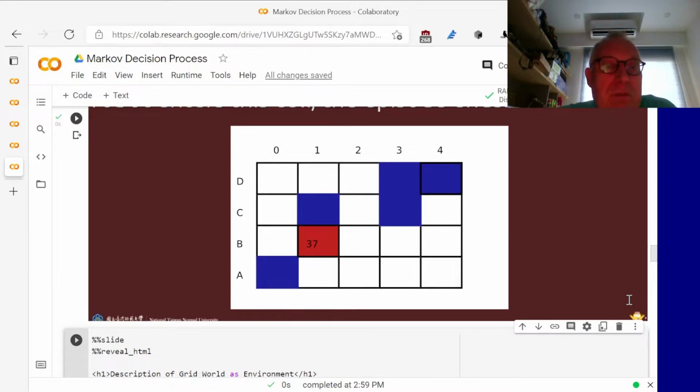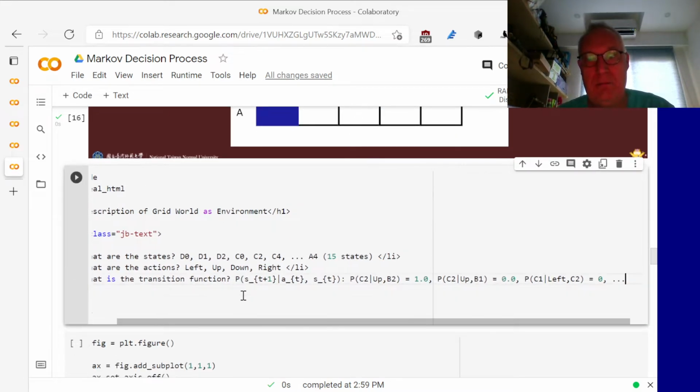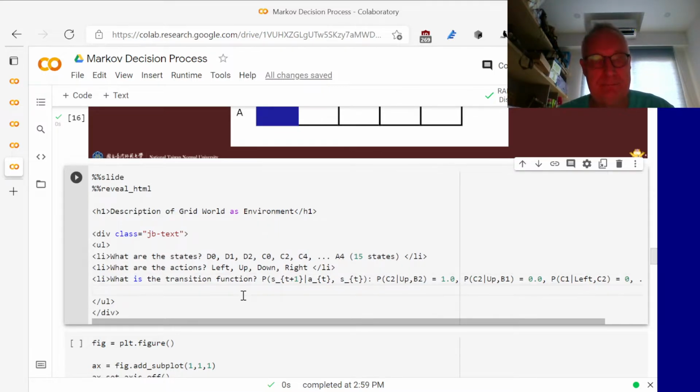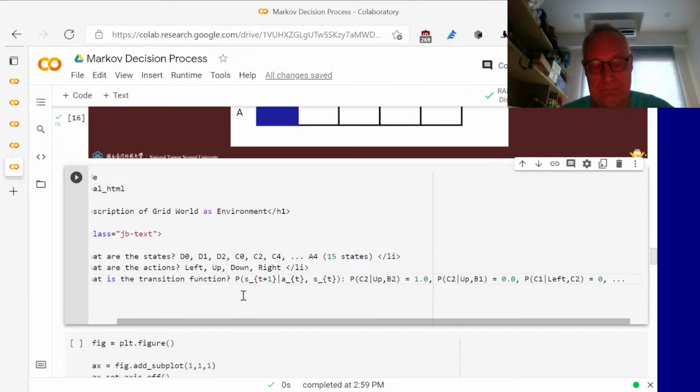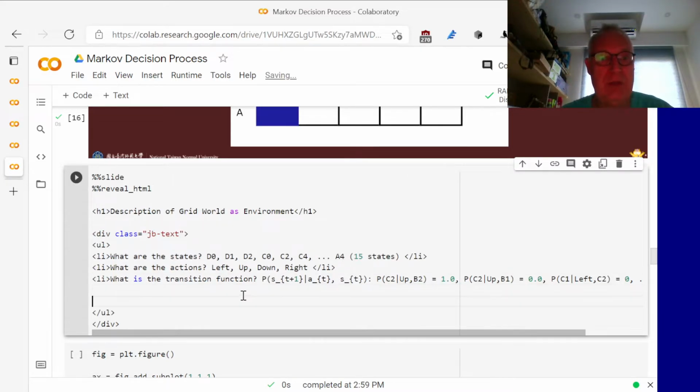Then the transition probabilities would change. Even though the figure here would look the same, the actions of the robot would be different. So this is what we have so far.